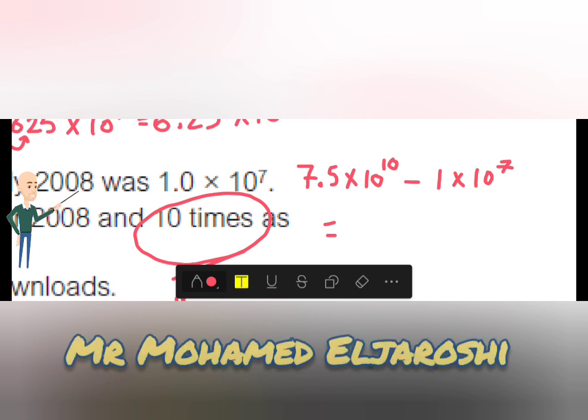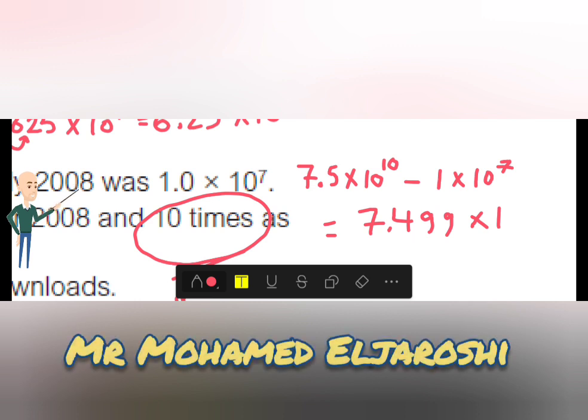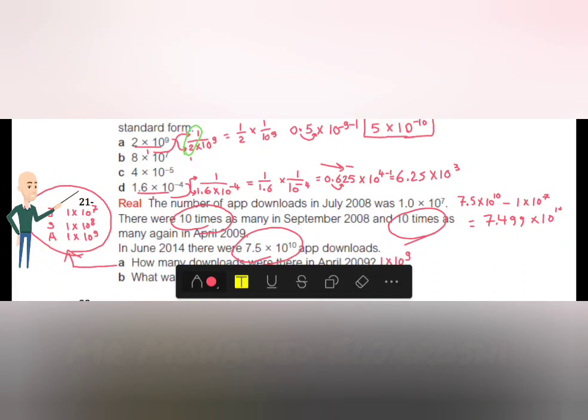So the answer is 7.499 times 10 to the power of 10. And this is the difference between these two downloads.